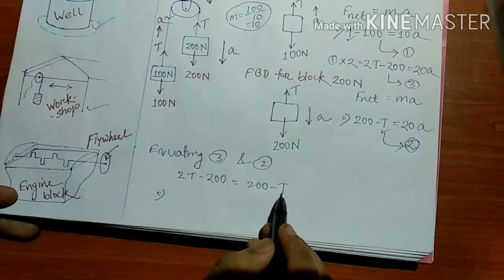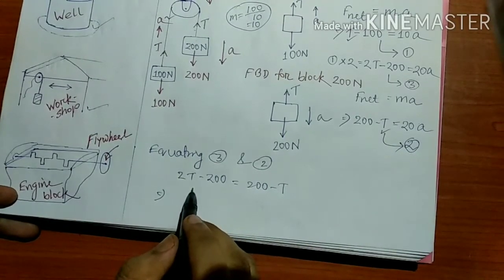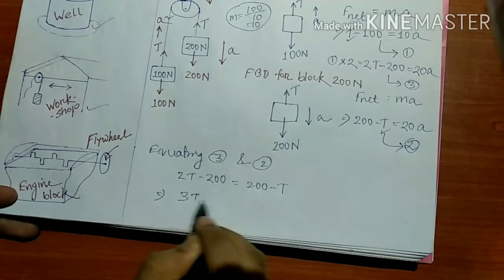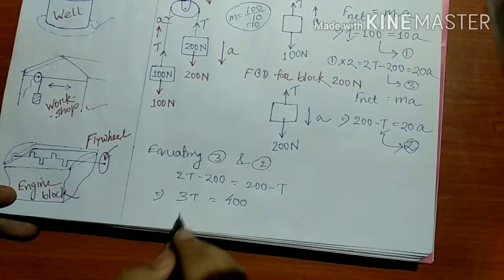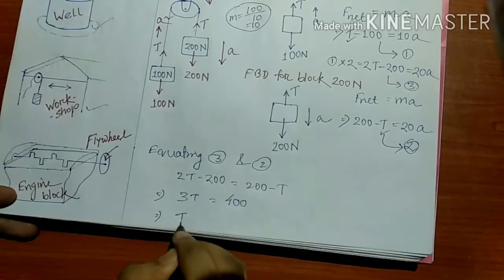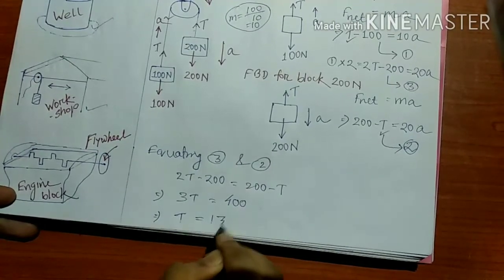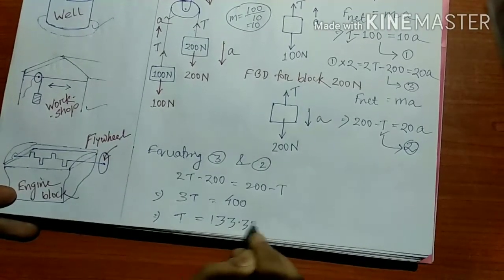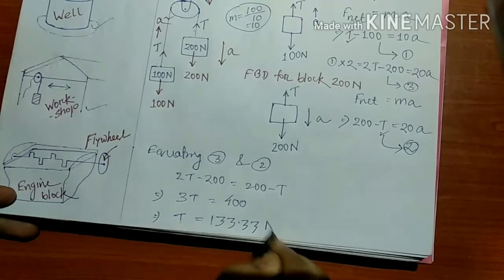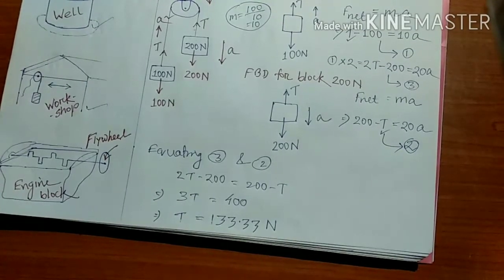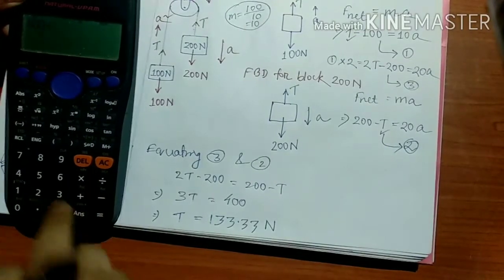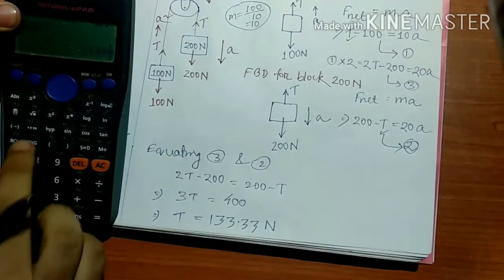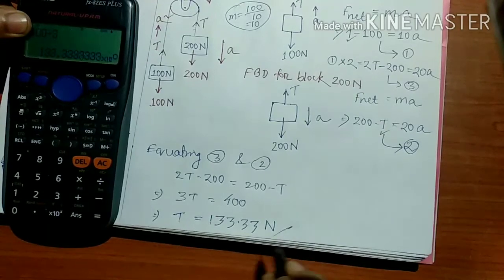So if I take this T to the left hand side, it will be simply 3T, right? And this will be equal to 400. So T will be equal to 133.33 Newton, right? Let me check it. So what will be the value of T? This is 400 divided by 3, that is 133.33.